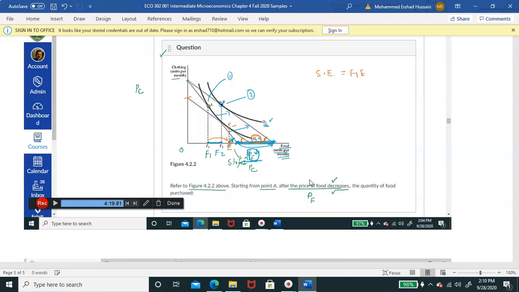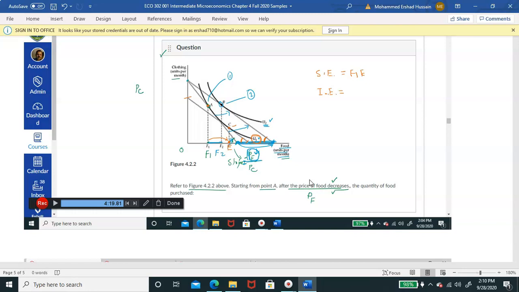Okay, but then there is this income effect. When the price of food goes down, the purchasing power of the consumer's income increases. Whenever the price of items goes down, the same money can buy more, so purchasing power increases. And when purchasing power increases, he is buying less food.